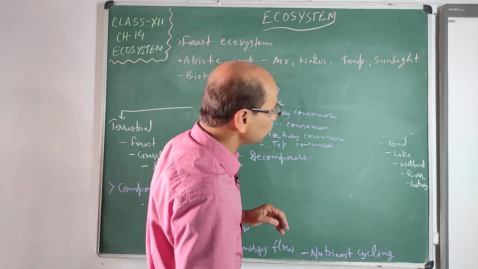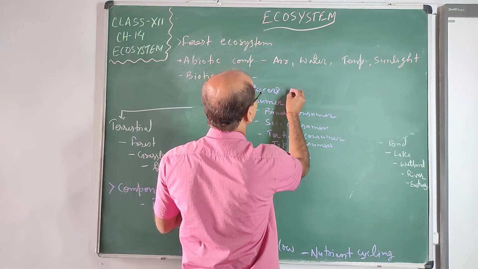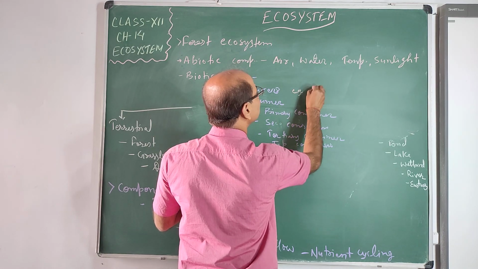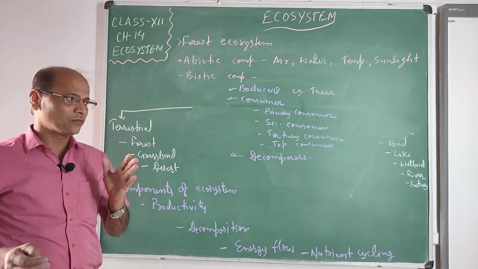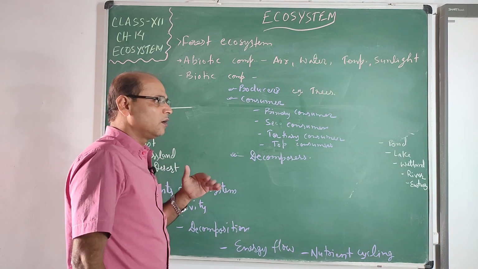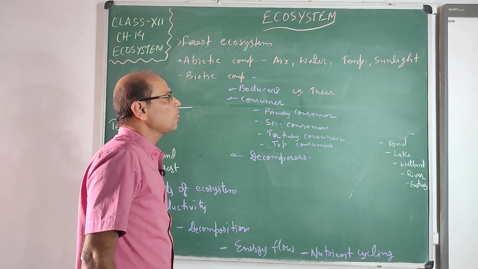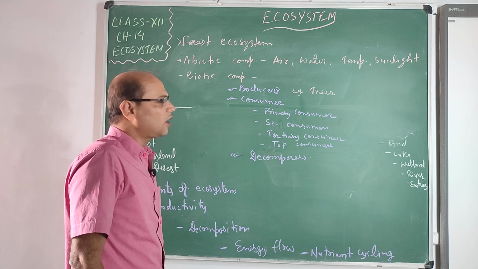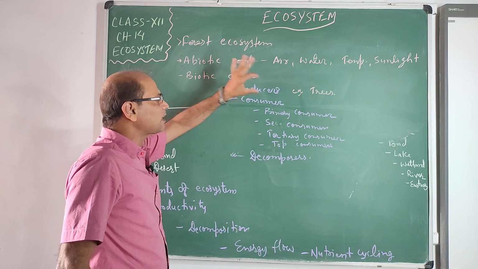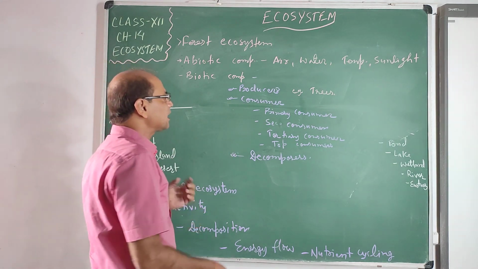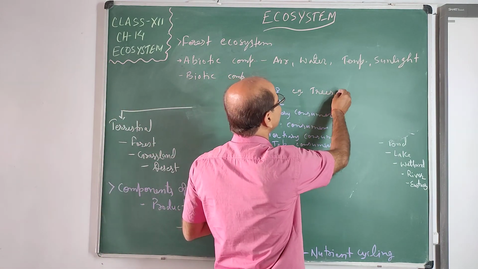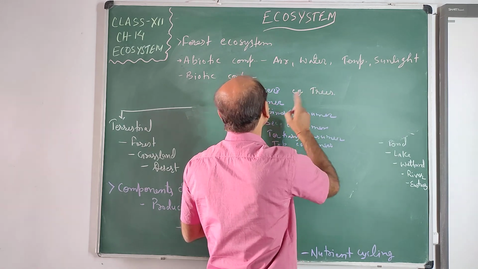Now, the biotic component, the producer of the forest: what are they? They are mainly the trees. Big trees are the producers. Trees mean a big photosynthetic system. They produce food, converting solar energy into chemical energy, and this vast activity takes place with the help of the producers.